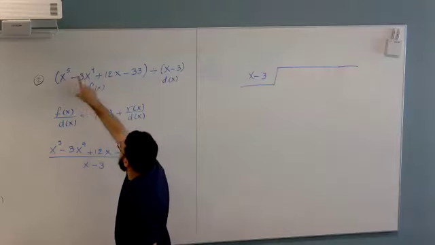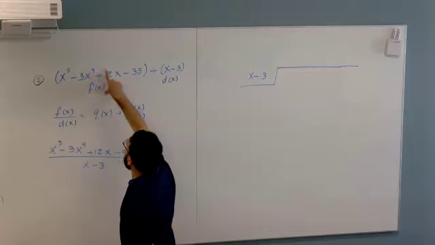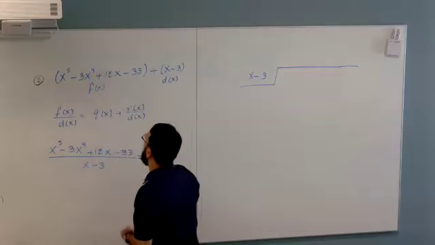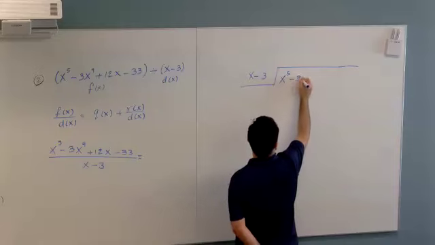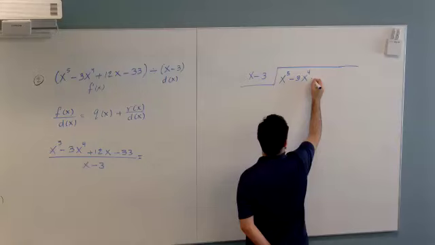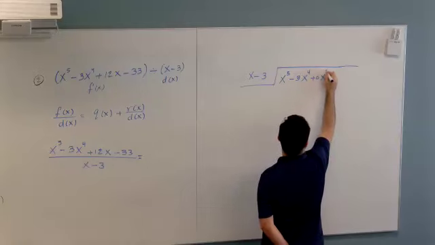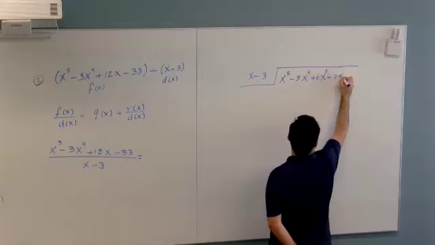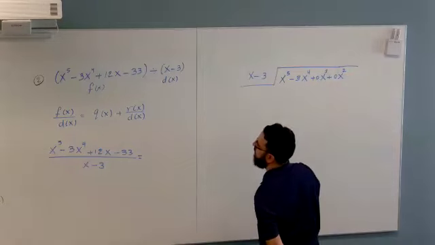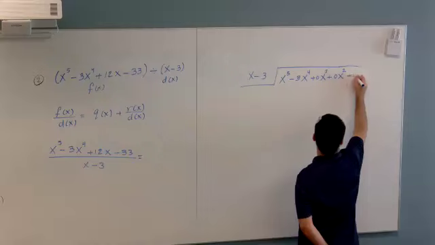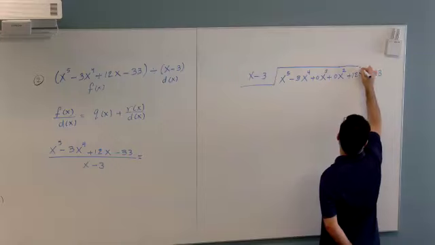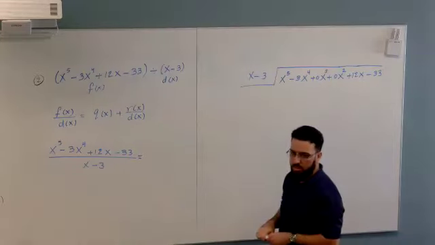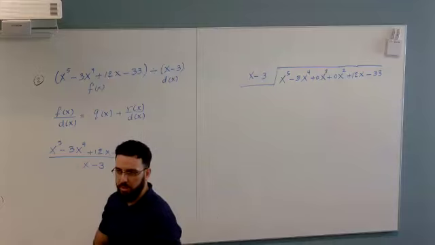Here, do we have missing terms? Yes. 5, 4, we're missing the 3, and we're missing the 2, and here is 1. So how am I going to write it down? I say x to the power 5 minus 3x to the power 4 plus 0x cubed plus 0x squared plus 12x minus 33. If you're not doing this step, it's going to be wrong.